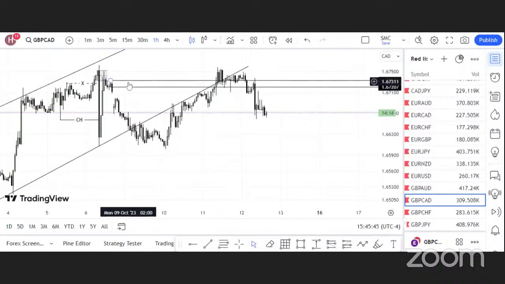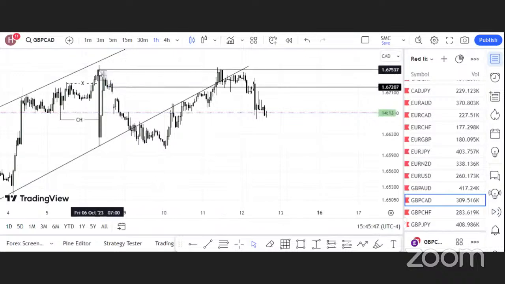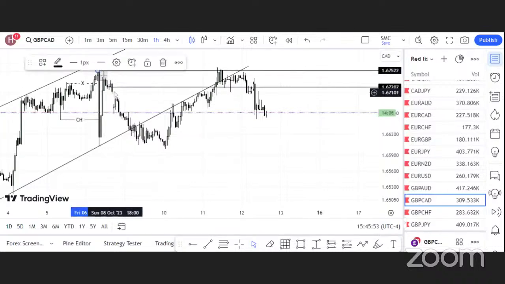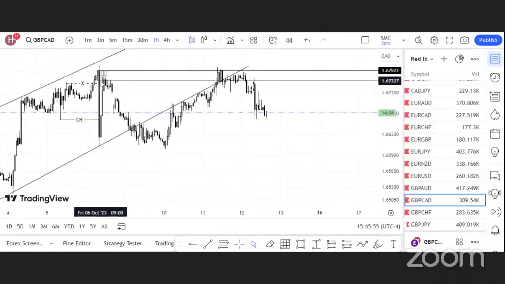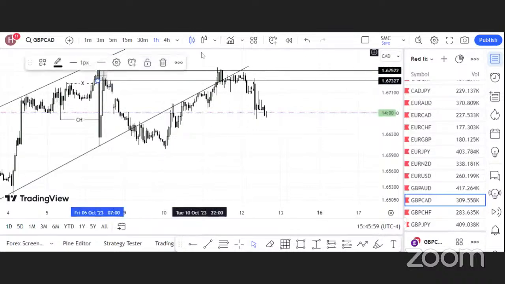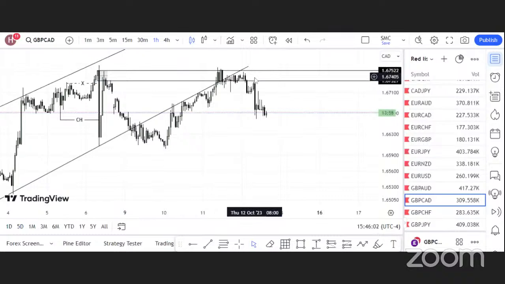So this market respected this resistance area. And you see what happened when the market got there? The market has been going down ever since. It came down a little bit, then went back to retest this breakout.